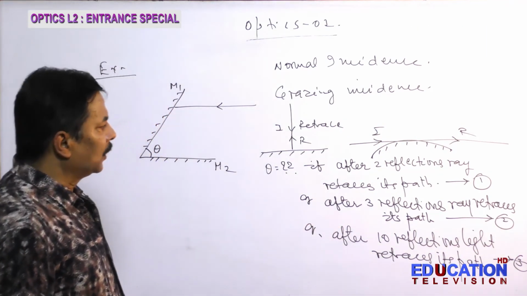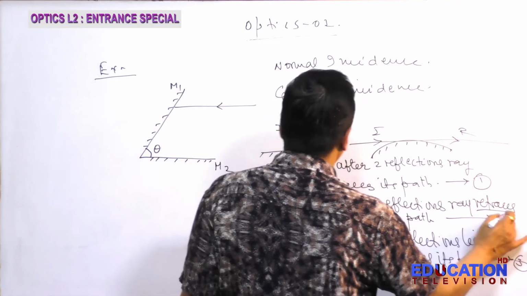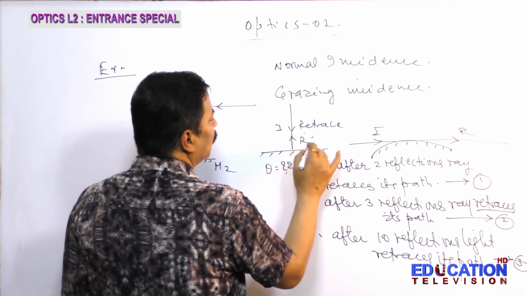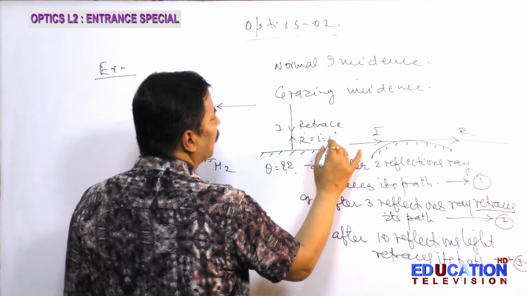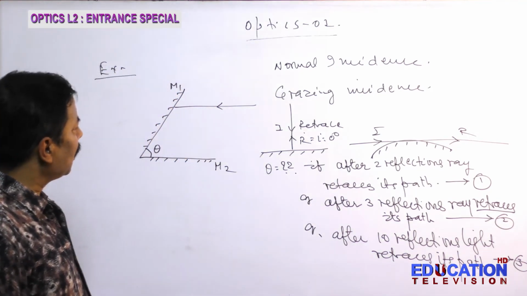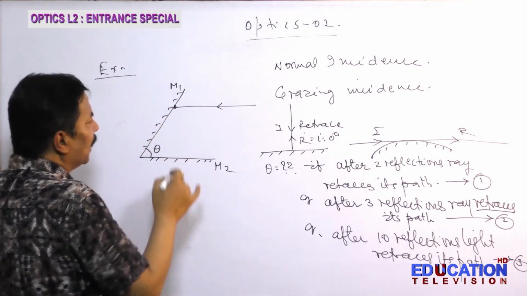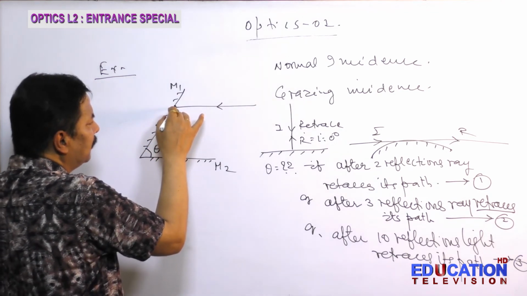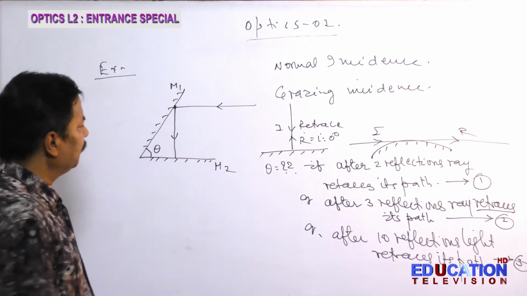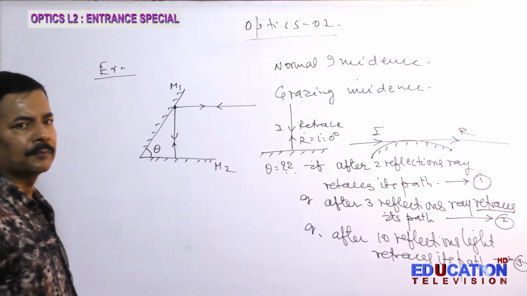Now see, for the ray to retrace its path, the light should fall normally. The angle of incidence should be 0 degree for retracing. One reflection has taken place here and the second reflection will be normal. If it is normal, the ray of light will retrace its path.